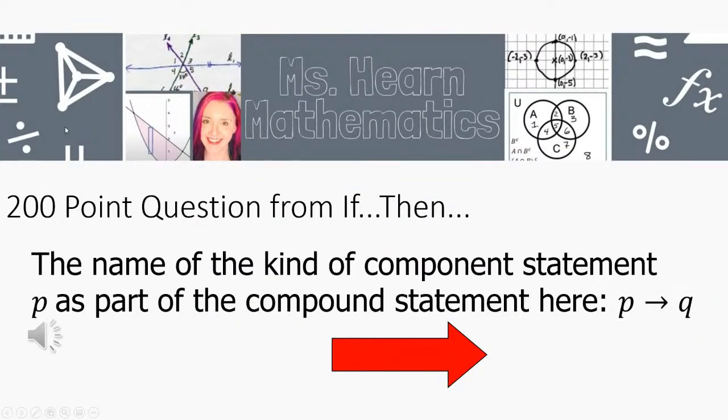So this one says, the name of the kind of component statements as part of the compound statement P implies Q. Remember, in a conditional statement, the P is called something and the Q is called something.